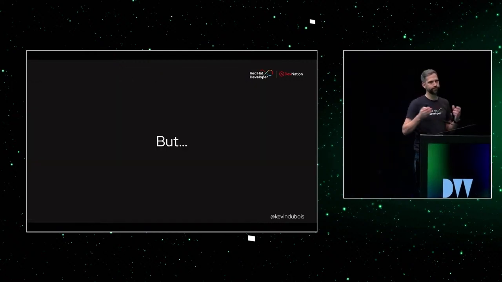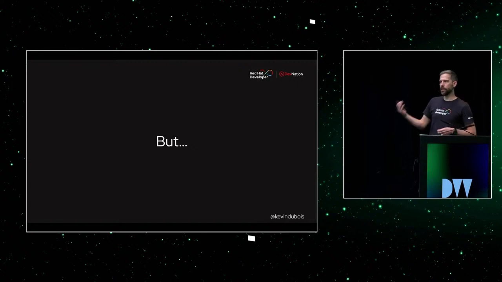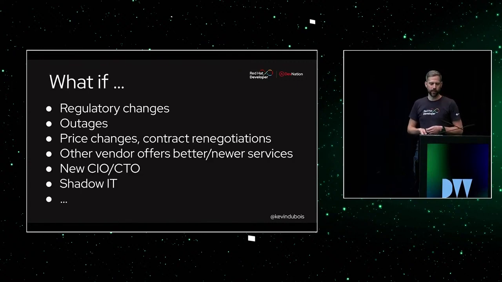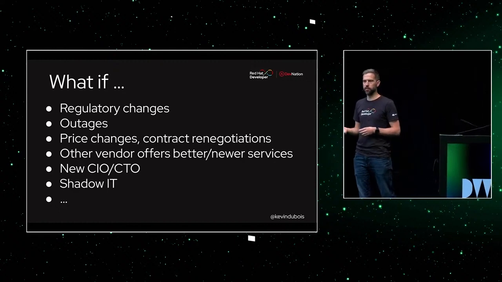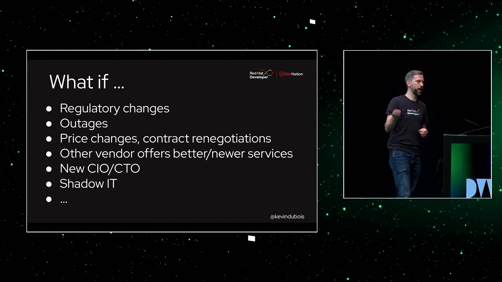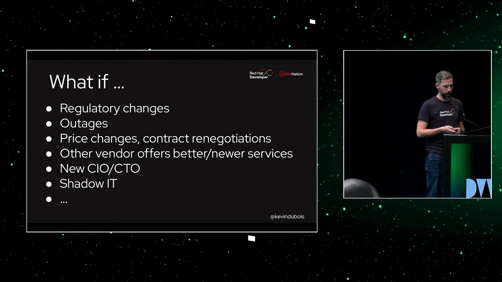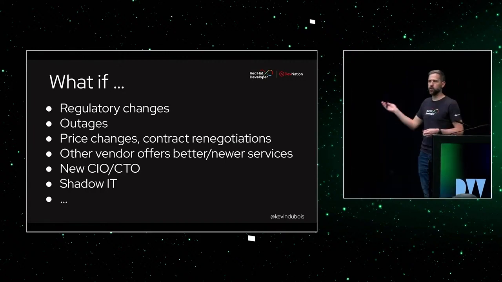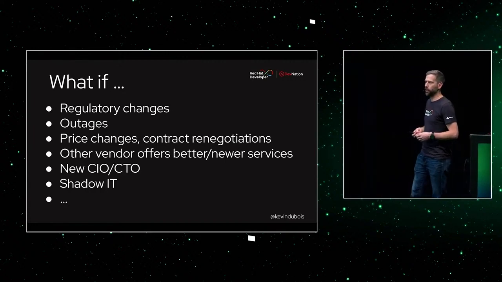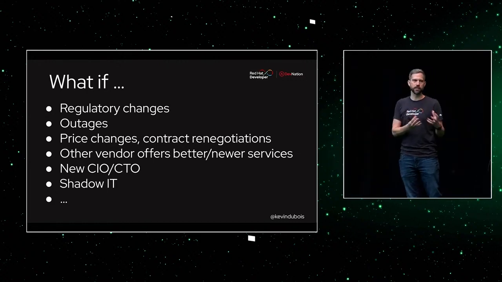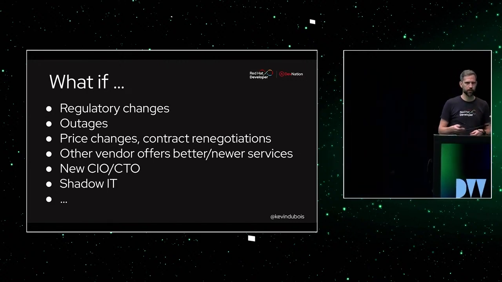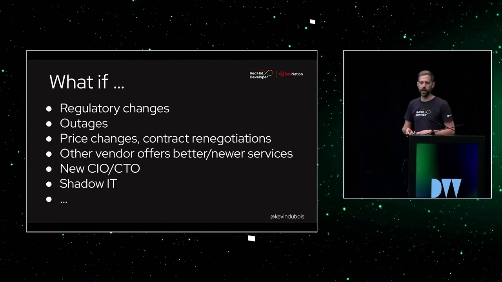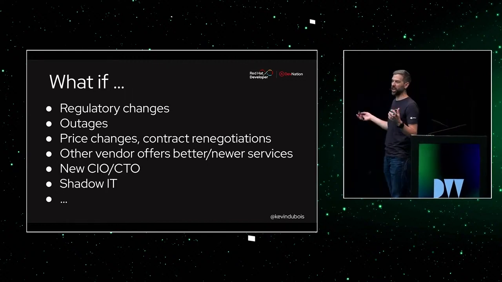But the problem is you get into that ecosystem, and then what if there are regulatory changes? Maybe Google Cloud or Azure or AWS don't want to comply with EU regulations, or maybe the Netherlands has some new rules that don't work for this cloud provider, and you need to move to a different one. Maybe there are outages.